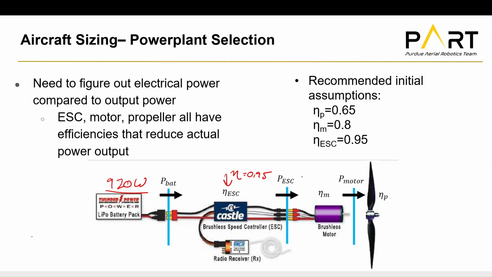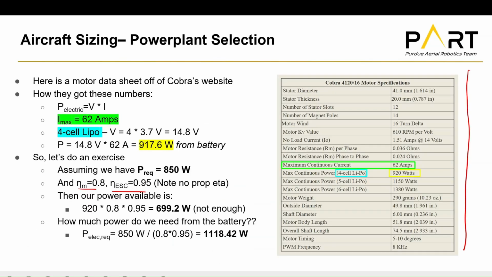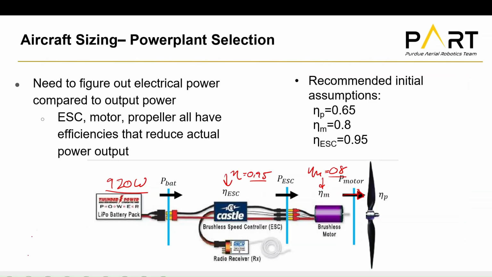And then we see that we have our motor here, and our motor has its efficiency of 0.8. So by the time our power gets out of our motor, it's been multiplied by 0.95 and 0.8, and now our actual power going out of the motor is 699.2 watts, okay?